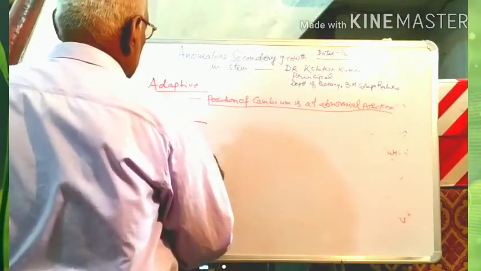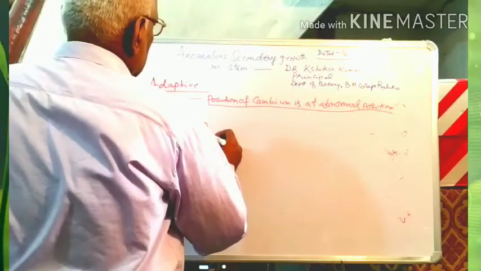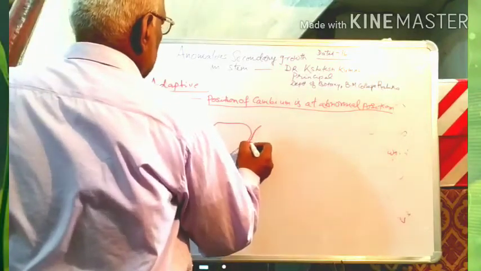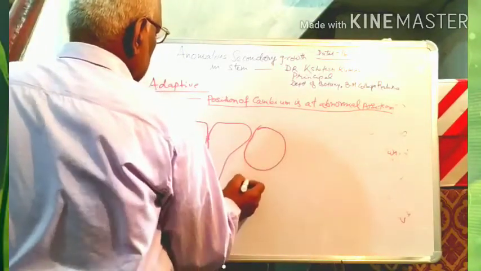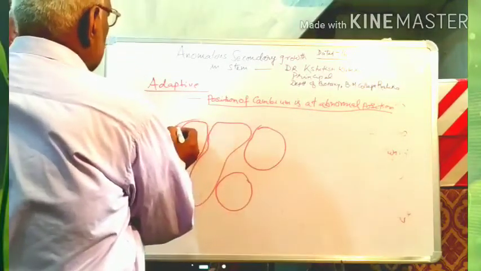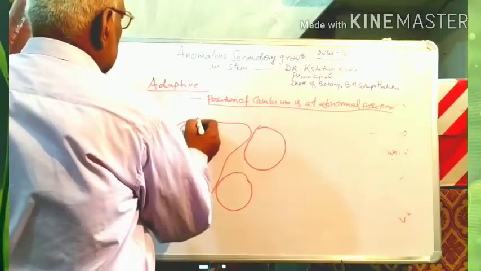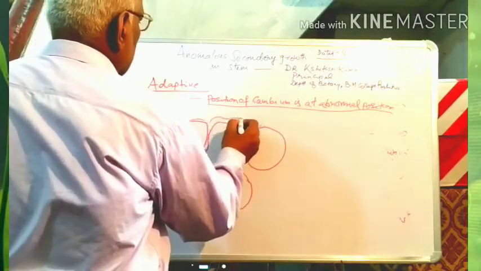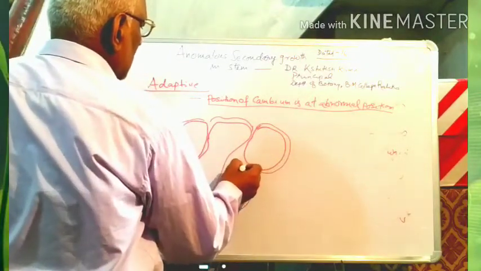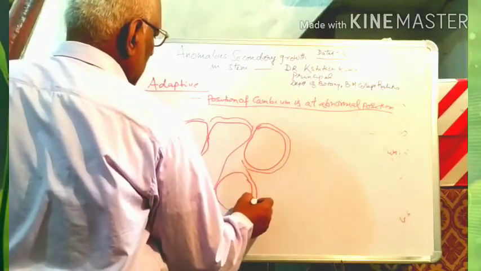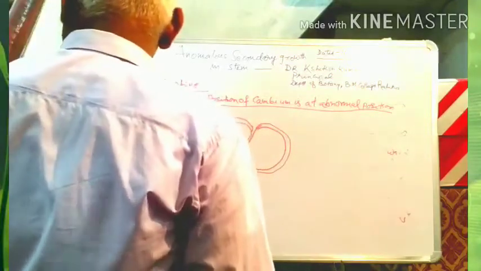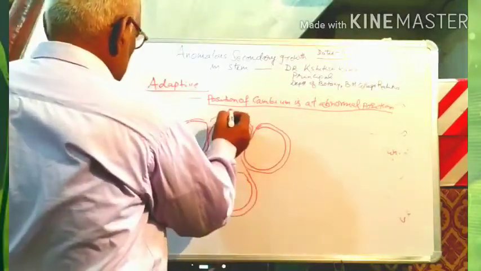Here are peripheral steles. Here is the central stele. Here is also peripheral stele. Here is also peripheral stele. And around the peripheral stele, there is a sclerenchymatous zone.